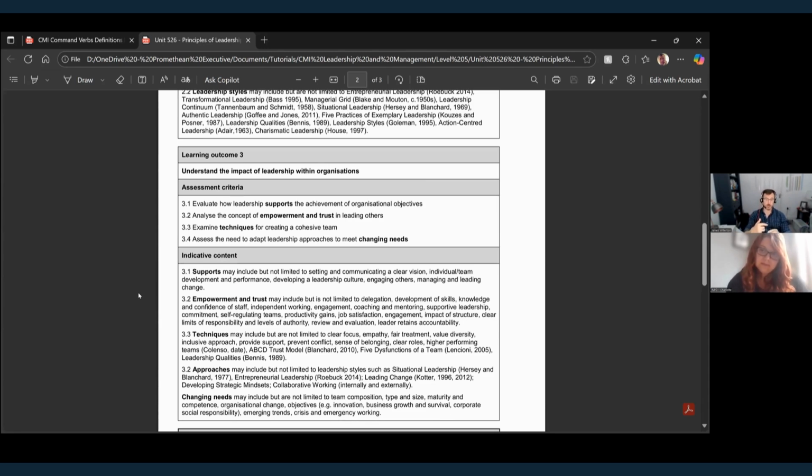So it could be around, I don't know, a crisis situation. It could be around recomposition of your organization and restructuring. It could be around financial problems. It could be around a great opportunity and innovation we require. Try to think around some specific instances of changing needs around the organization.